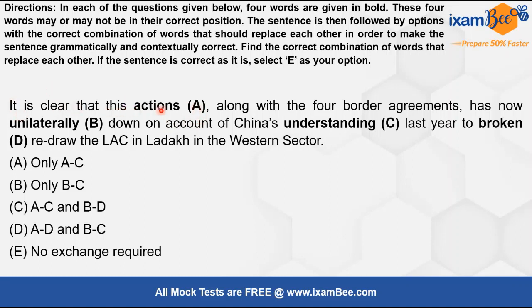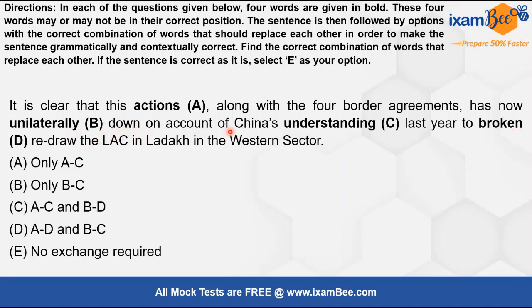It is clear that this actions along with the 4 border agreements has now unilaterally down on account of China's understanding as last year to broken redraw the LAC in Ladakh in the western sector. Now we see that broken is used with down, right?